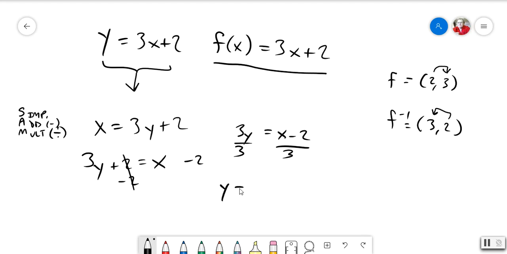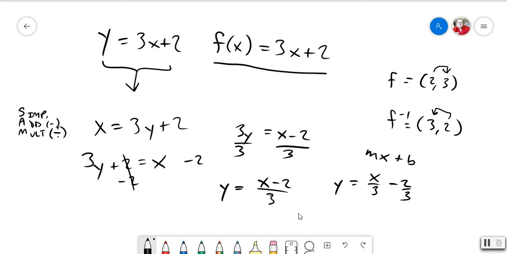Now, the way your textbook was doing this, it left it all as a single fraction. I would tend to break it up. The reason I would do that is because this is your standard mx plus b format of a linear equation, where the implicit 1/3 is your m, and -2/3 is your b.